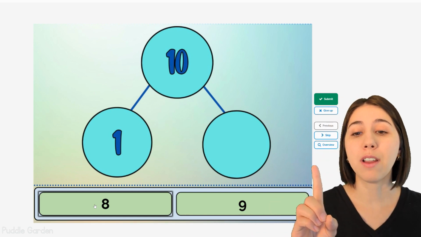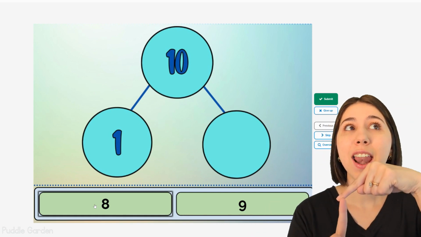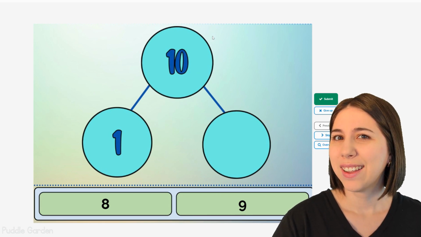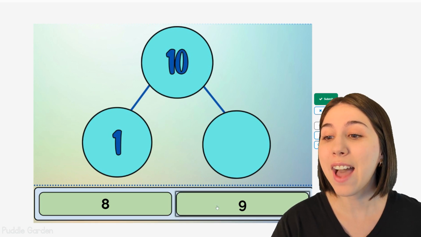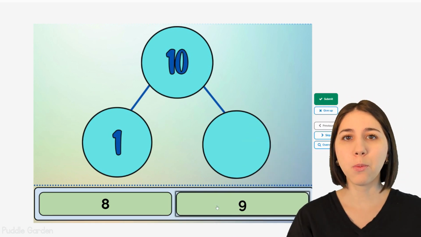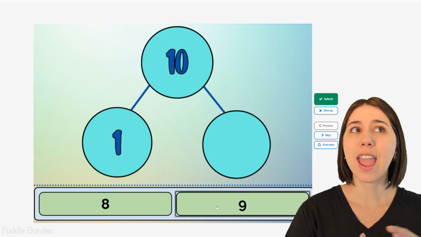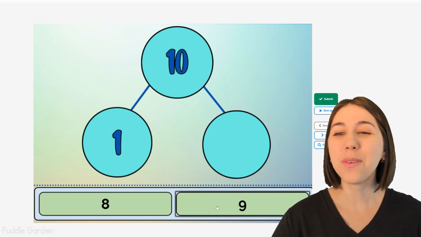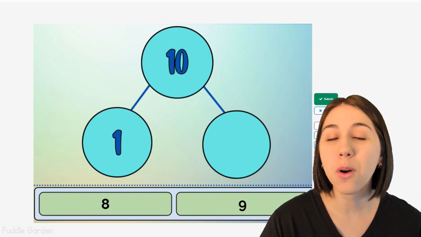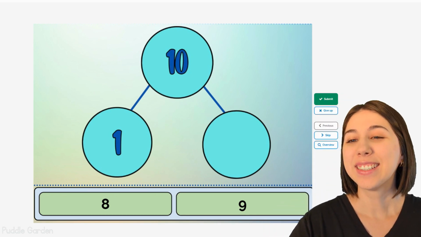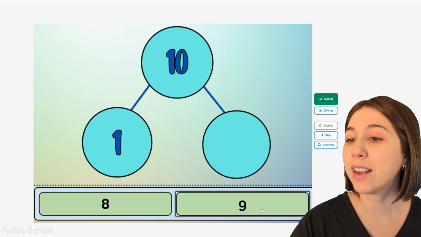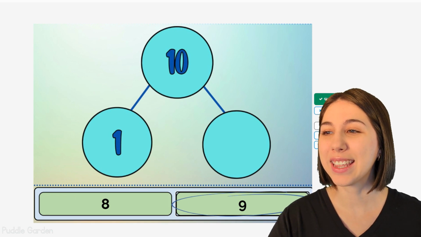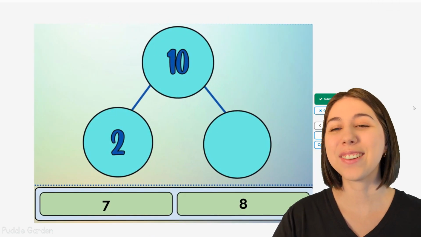If I just add 1, if I have 8 and 9, does that equal the number 10 here? No. What about if I have a 9 and I count forward 1? 9 and 10. So if we have 9 and we add 1 more, that equals what number? 10. So if we have 1 and we're going to click the 9, yep, that one makes our 10. Let's try it. And we got it correct.